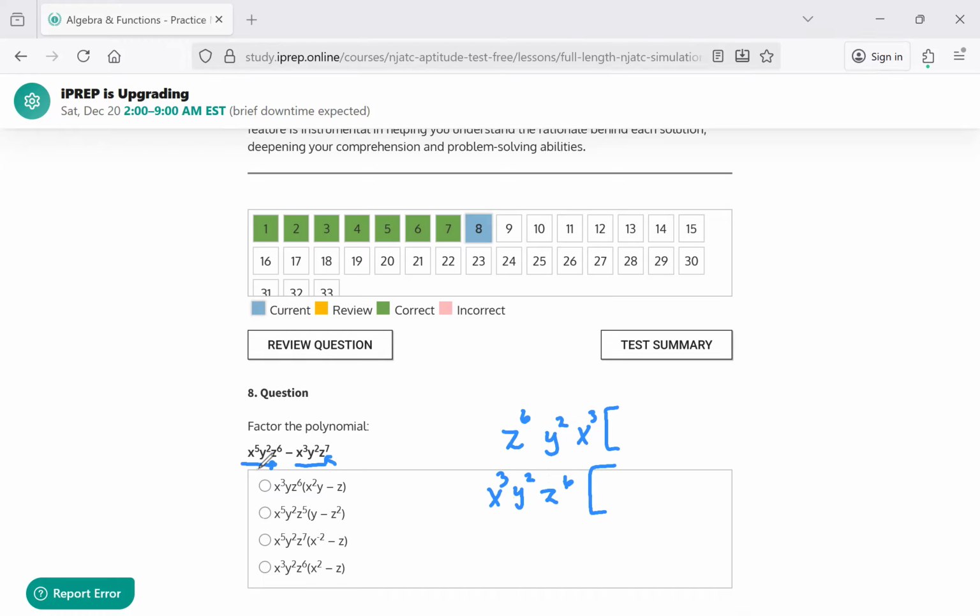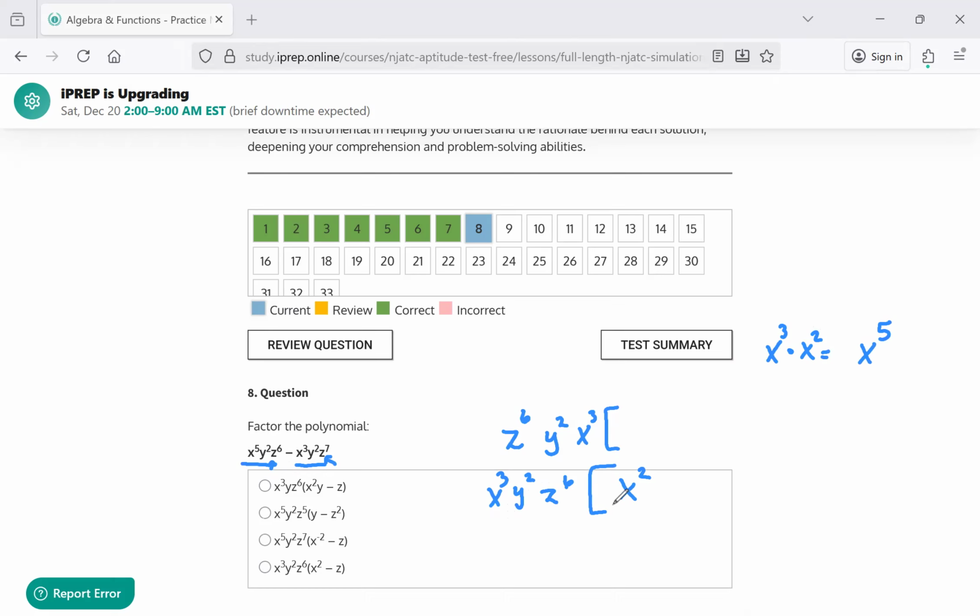Okay, so we can't change the problem. So what do we have to multiply x cubed by to get x^5? x squared. Why did I use an x squared? Because remember when you're multiplying with the same base, for example, x^3 times x^2, you add the powers. So this is x^5. Right? So when you multiply, you're really adding.